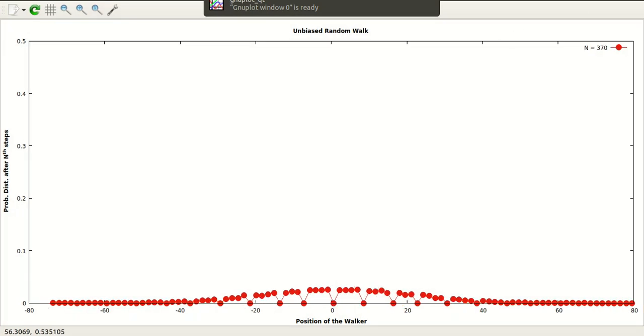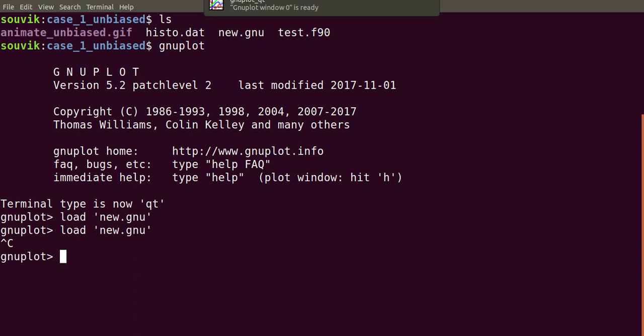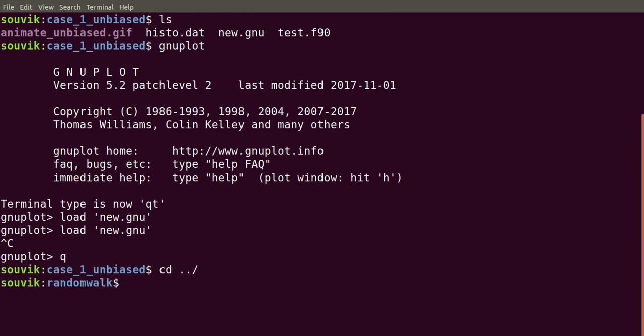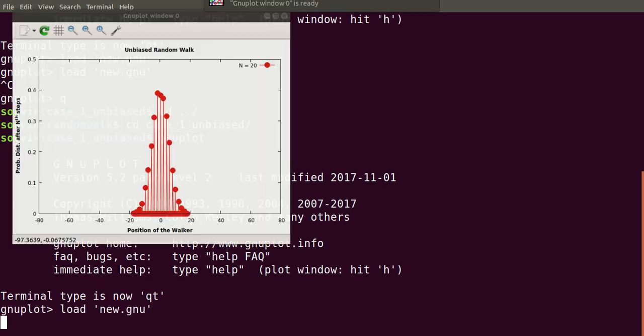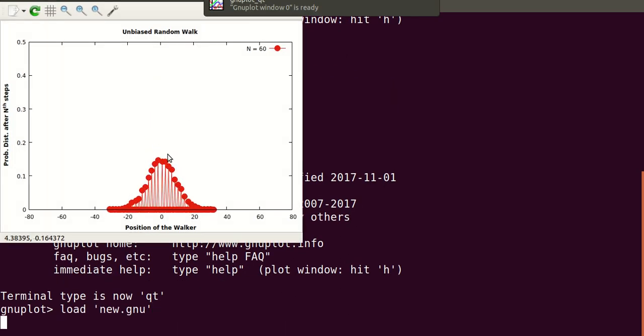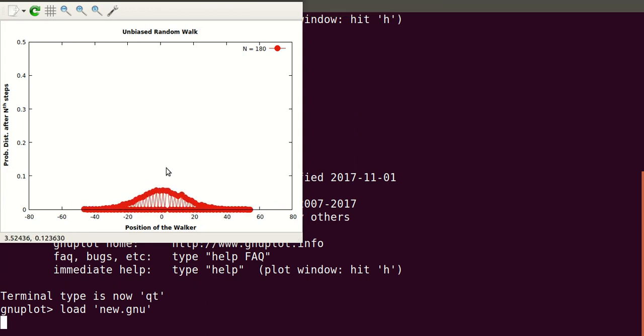Now let's go to another case. This is the unbiased case. One thing you can see is that the Gaussian has zero mean, centered at 0.